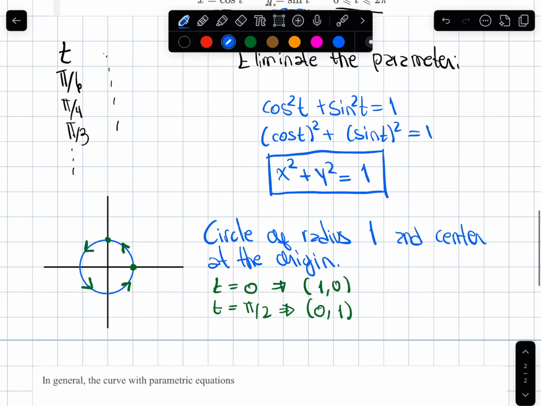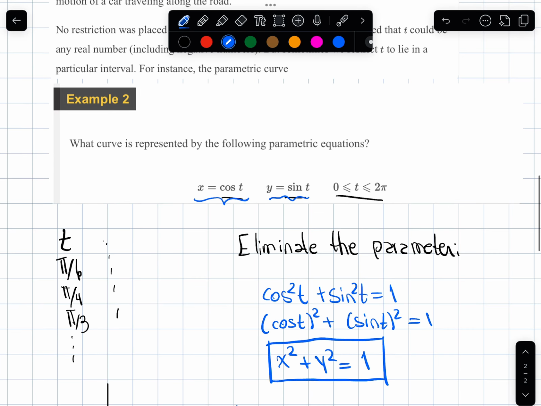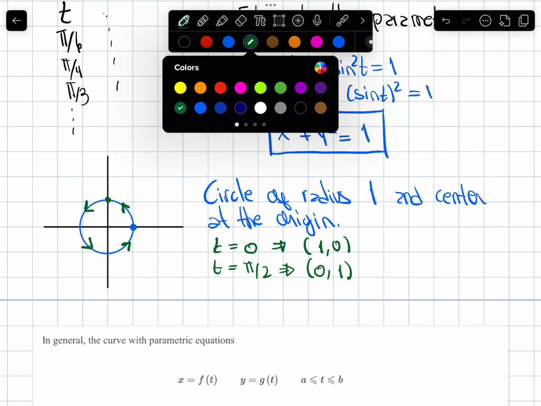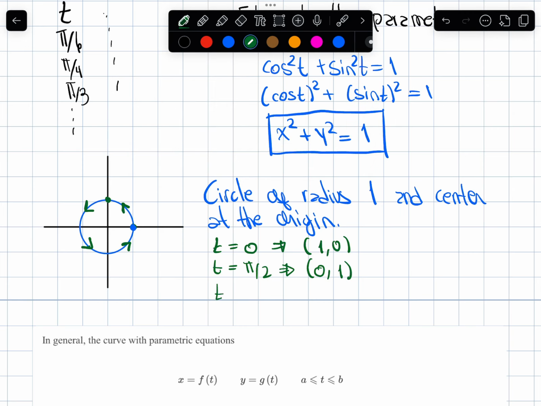Here, my circle, I did give myself limitations from 0 to 2 pi, and so my circle is going to be starting at this point. It's going to end at this point also, because when you plug in t equals 2 pi, you're going to get 1, 0, because the cosine and sine of 2 pi are the same as the cosine and sine of 0.